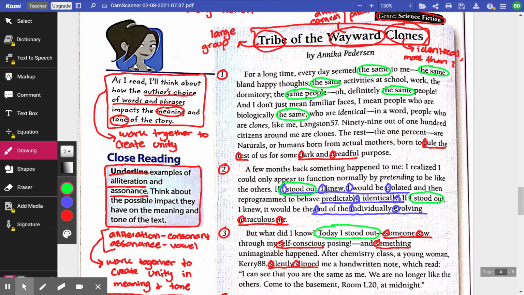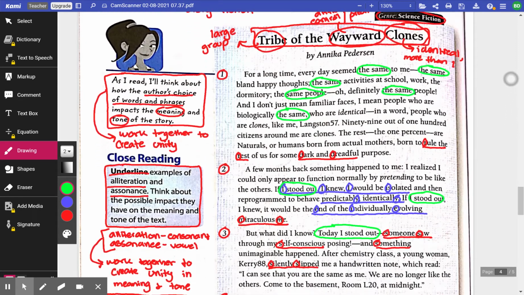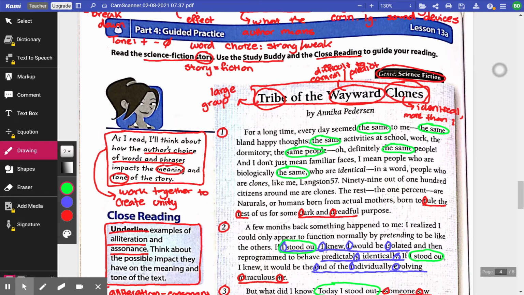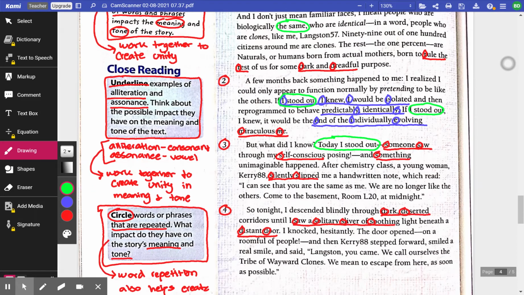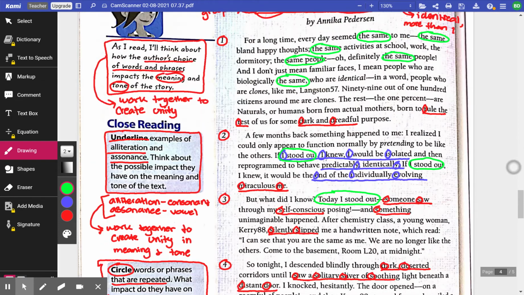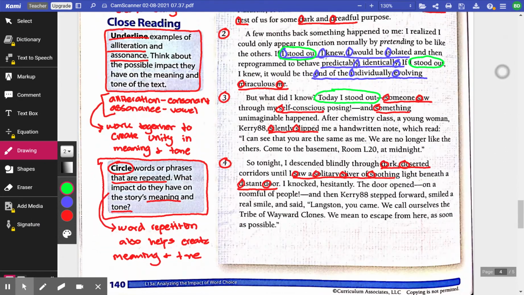I want us to take a minute and use this time to refresh on certain story elements. So we know that we're talking about the impact of word choice, but we're using a science fiction text, right? So a text that's fiction, and we know that any fictional text deals with certain story elements. So we're going to take a minute to identify the story elements of this passage and talk about what we need to know with them.